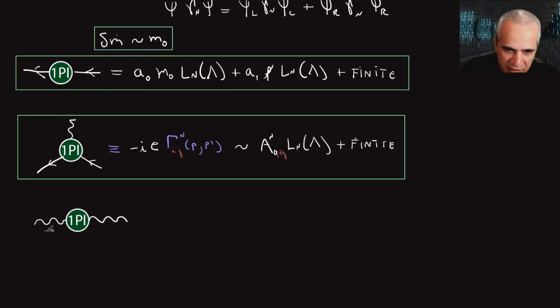I'll call the momentum going here q. And of course, this guy carries some Lorentz indexes. Let's call them mu and nu, which are contracted to these external photon legs here. So again, I'll be defining this guy in this way. This will be just an i times, I'll call the self-energy, pi mu nu of q.